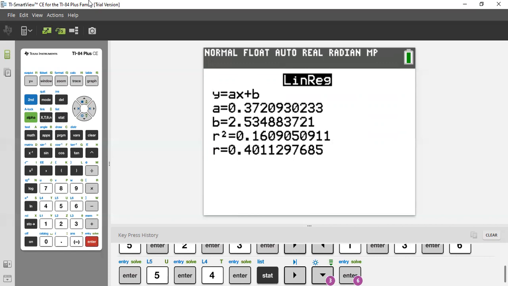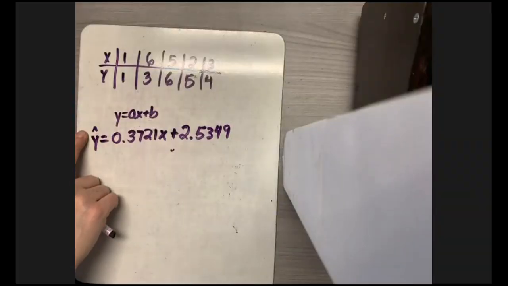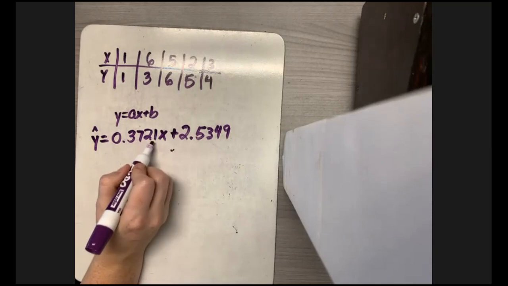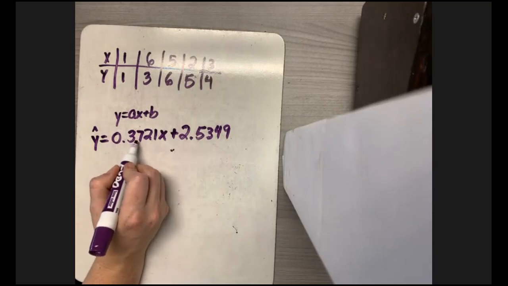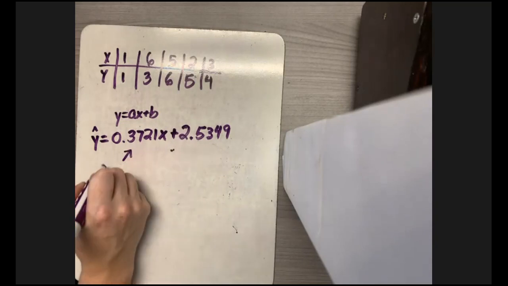So we should have an equation that looks something like this. I had Y equals AX plus B. Now, we already utilized Y hat to say that this is the regression line, the predictor one. So A, when I rounded it to 4 decimal places, was 0.3721. So I put that with X, and this is my slope.